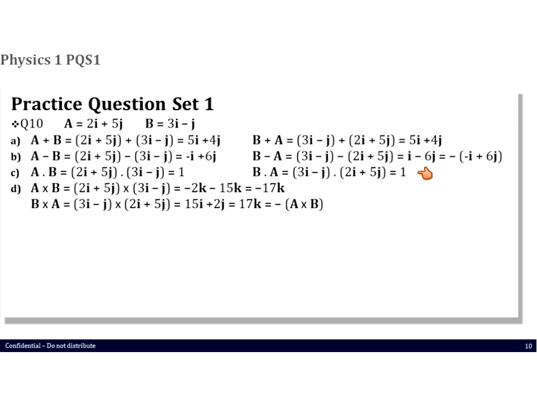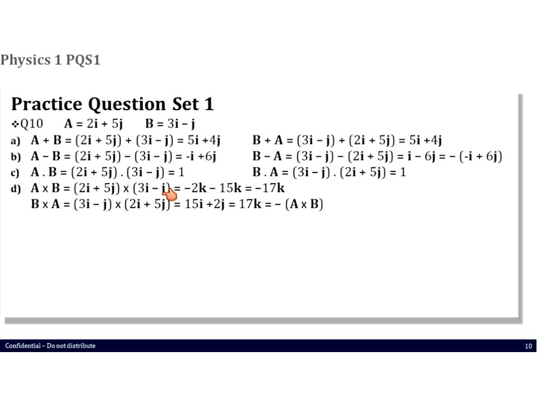That is not the case with A cross B. A cross B is in the opposite direction to B cross A. If you remember, we use the head-to-tail rule, the right-hand rule. So in A cross B, you can ignore the respective coordinates and you have to go with the i cross j and j cross i terms.